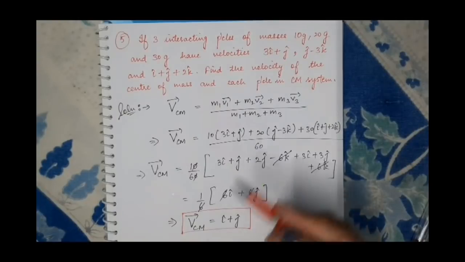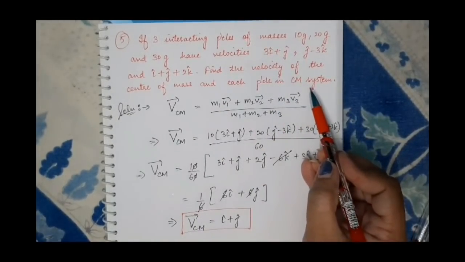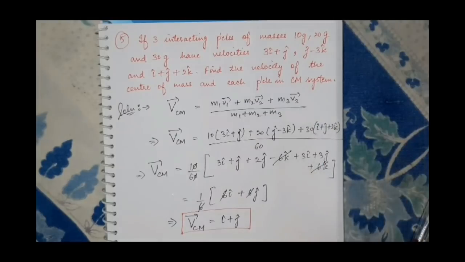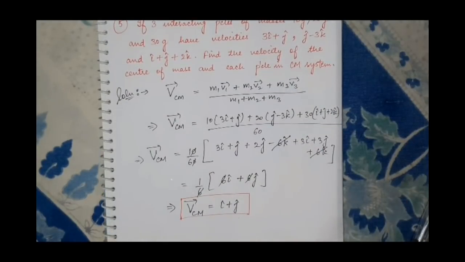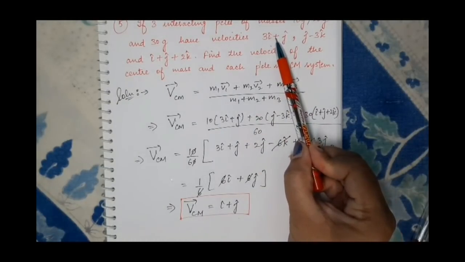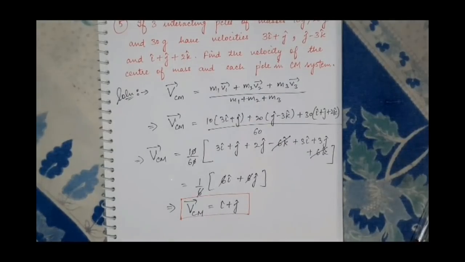Now we have to calculate the velocity of each particle in center of mass system, which is the velocity of each particle in lab system minus the velocity of center of mass. Because in center of mass system, the origin of the coordinate system is always taken at the center of mass. Or you can say that in center of mass system, the center of mass of the system is located at the origin of the coordinate system.